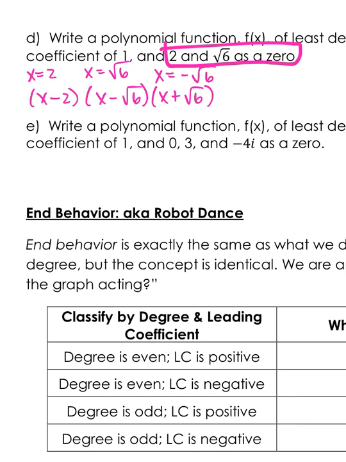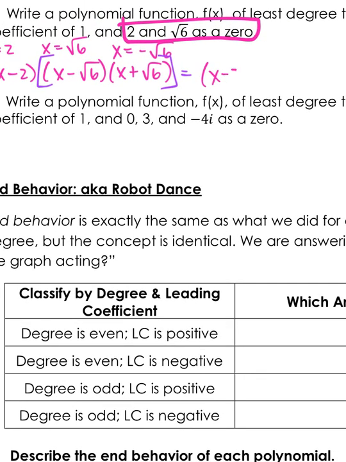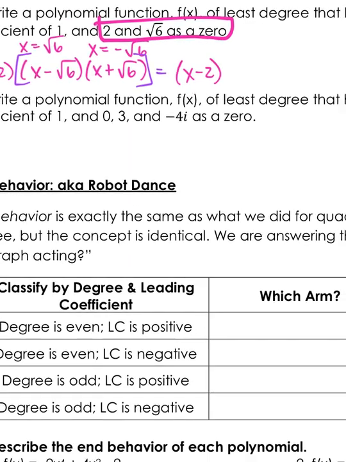So I'm going to start multiplying all those together. I am going to do these together first. So when I multiply those together, let's see, let's come over here. I've still got that x minus 2 to deal with, but x minus square root of 6 times x plus square root of 6 is going to give me x squared minus 6.